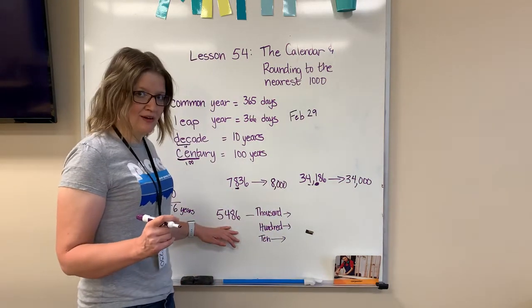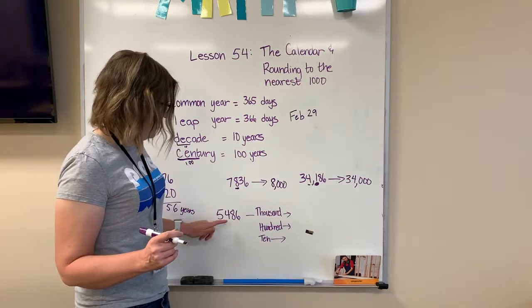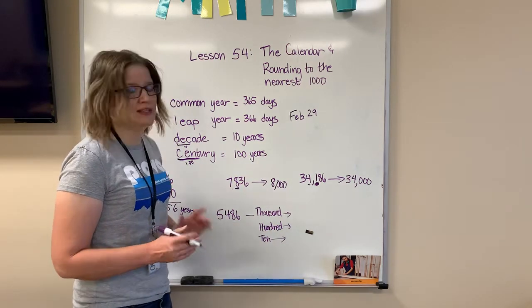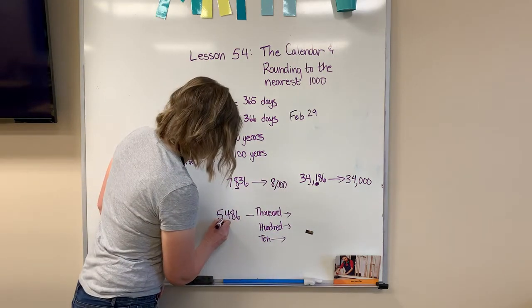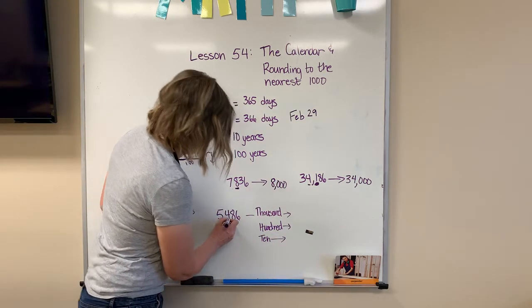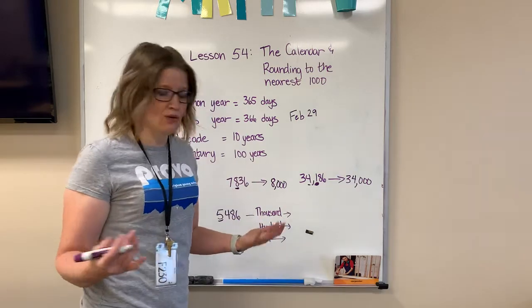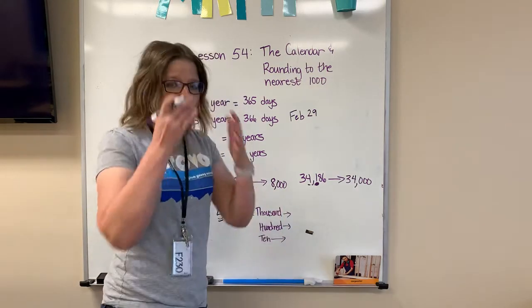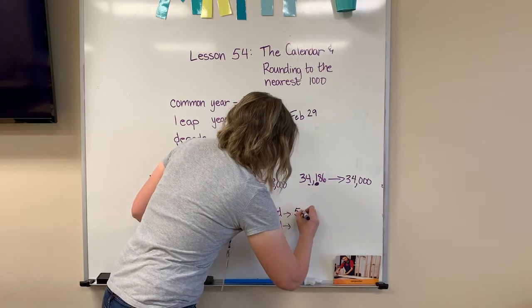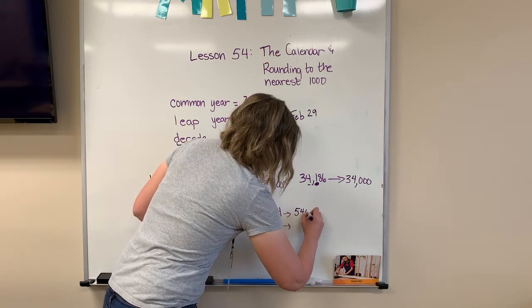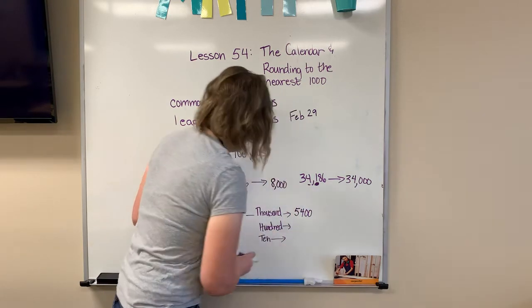Now, this is our final workout. 5,486. They want you to round it to the nearest thousand. So we look at our 1,000 mark, we go next door, we say, oh, 4, lower. We keep our 4 and we put zeros.